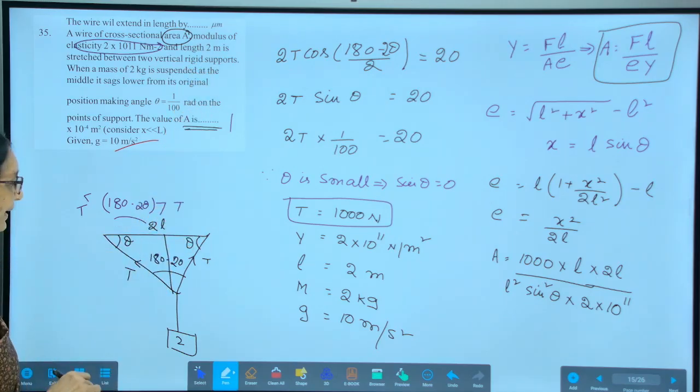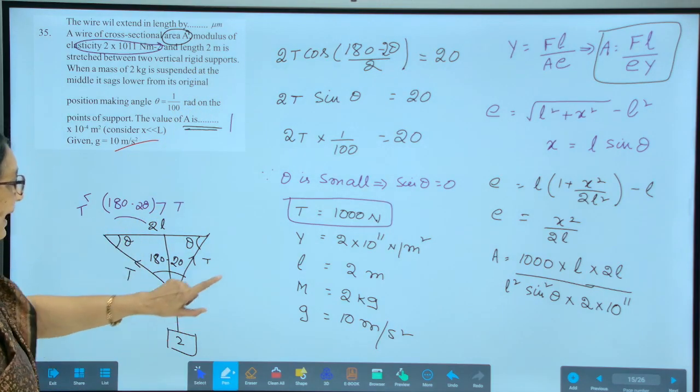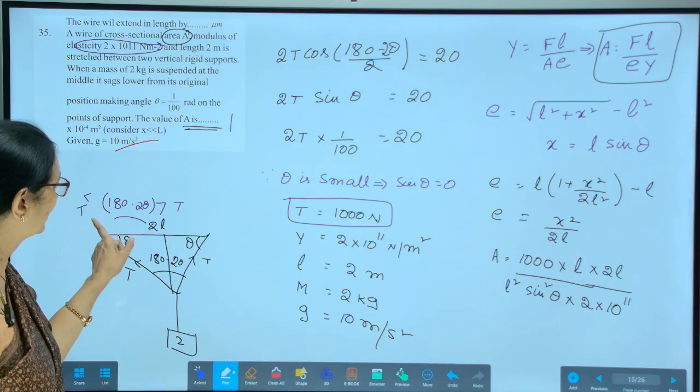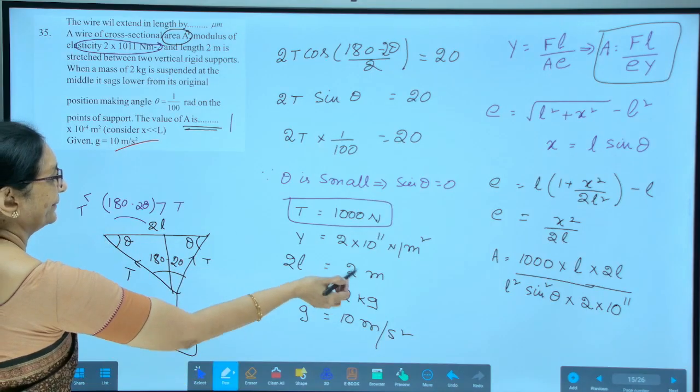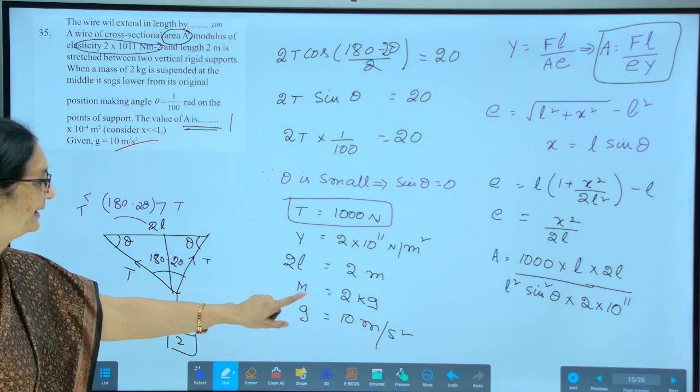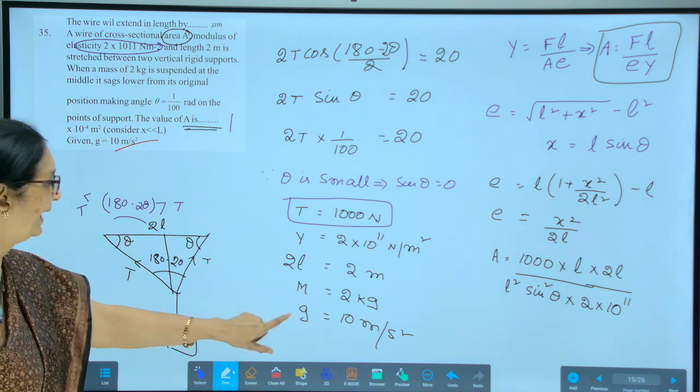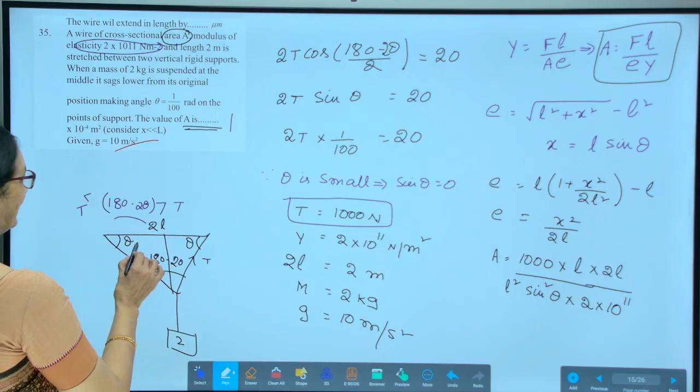That is what is given in the problem. Now, Young's modulus is given, the total length 2L, this entire length is given as 2 meters, the mass suspended is 2 kg, and g is given as 10 meter per second square.